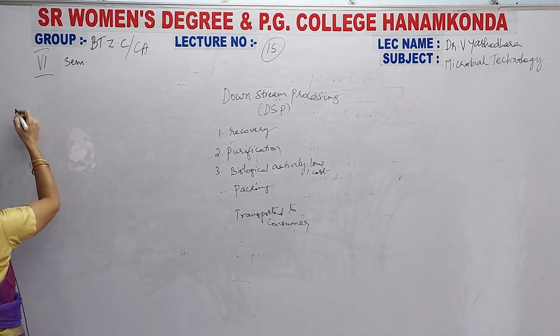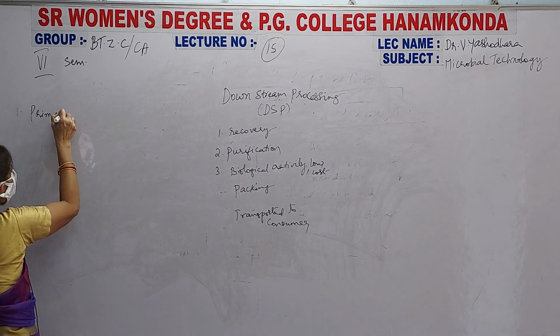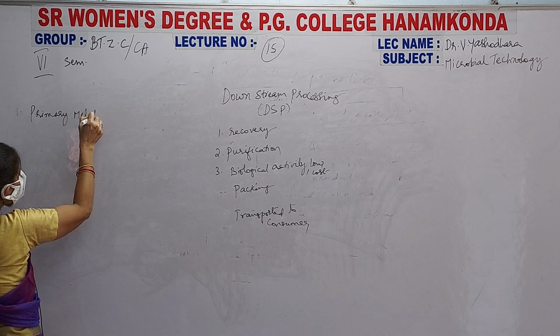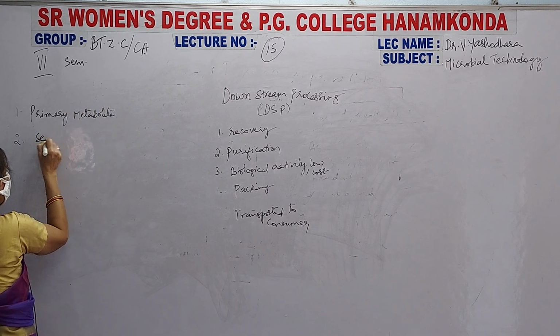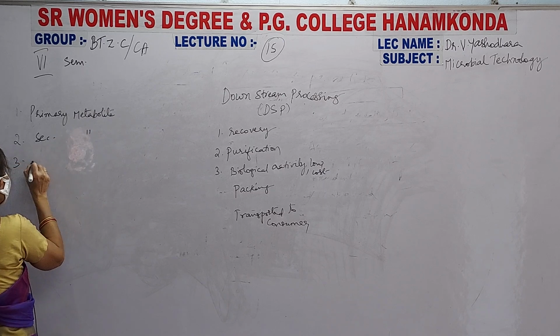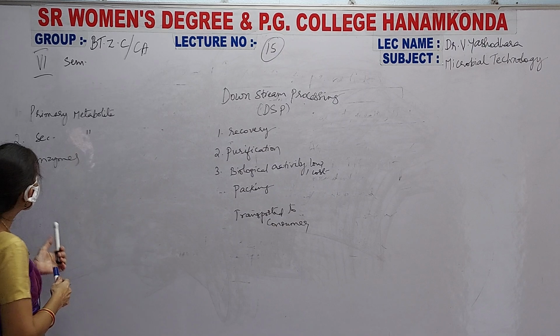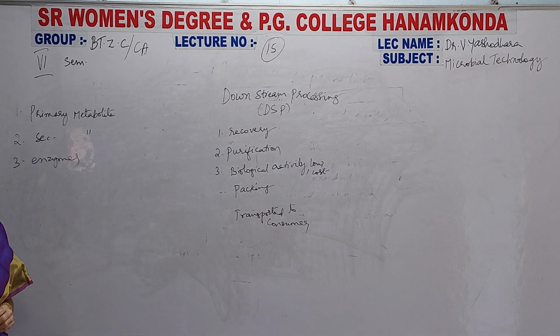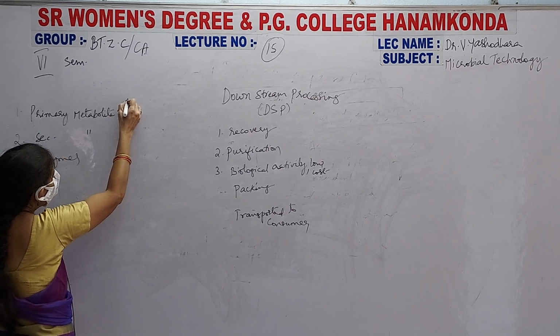One is primary metabolite, second is secondary metabolite, third one is enzymes. These are the things that can be extracted, recovered from the fermentation unit or from the fermenter or bioreactor. What is primary metabolite?